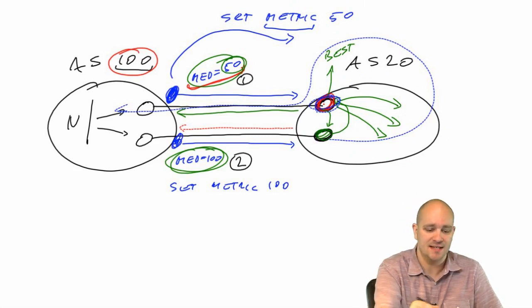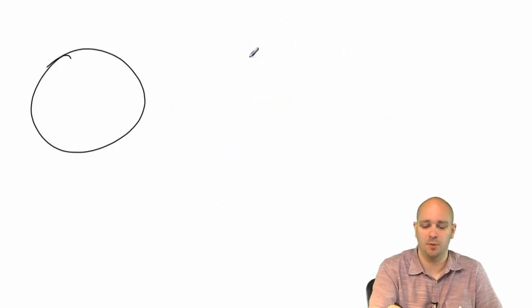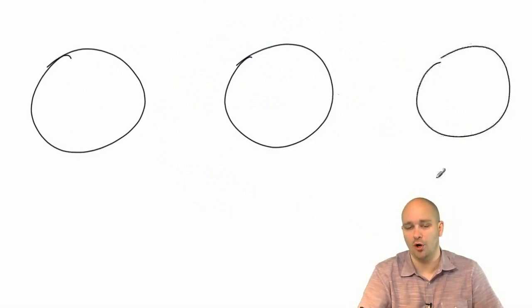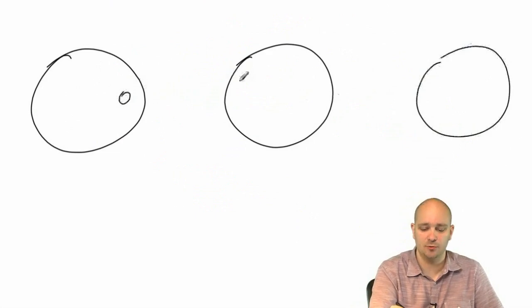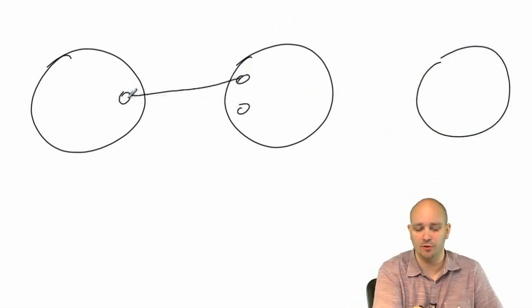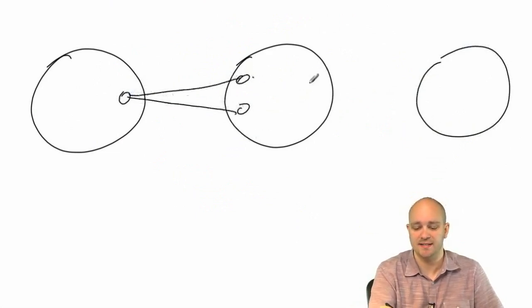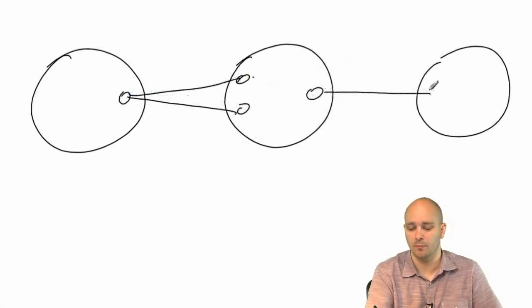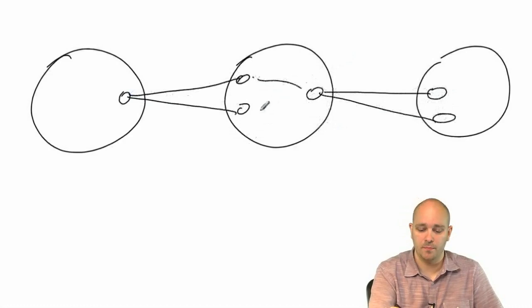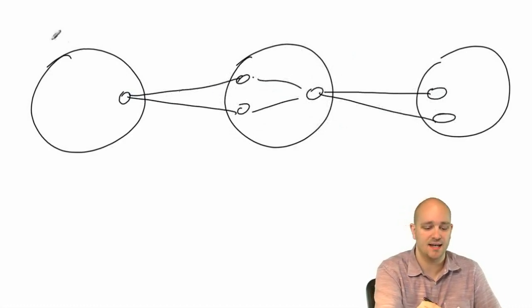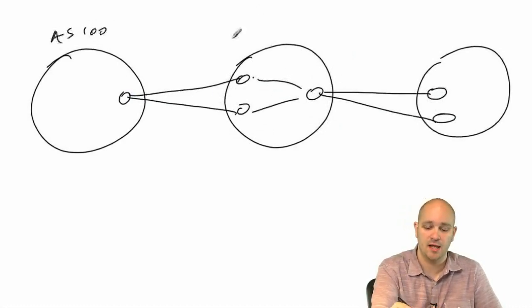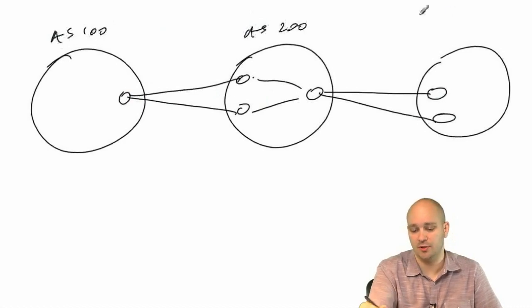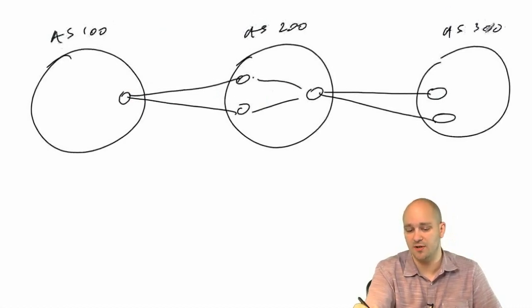However, it does. Where the non-transitive nature of MED comes into play is when we have more than two autonomous systems. Let's say that we had a peering configuration that looked like this, and whatever actual configuration is inside this AS. Let's say that this is AS100, this here is AS200, and this here is AS300.